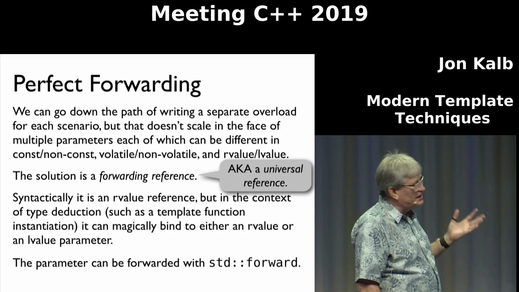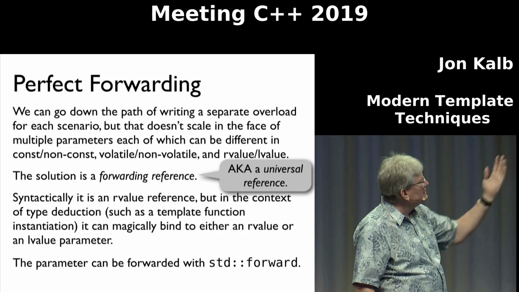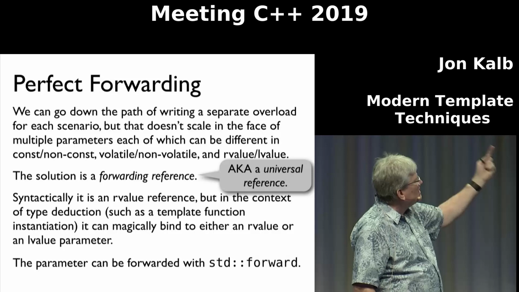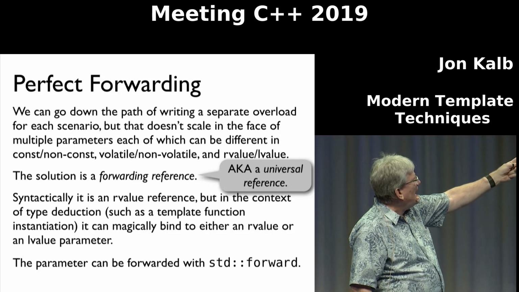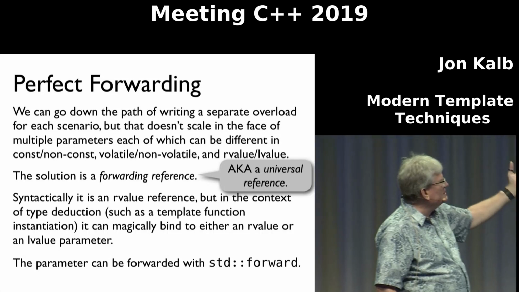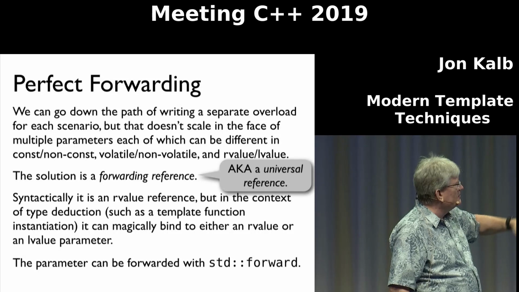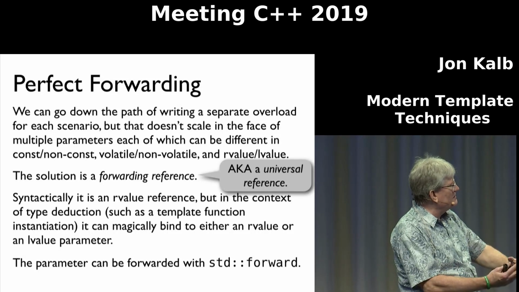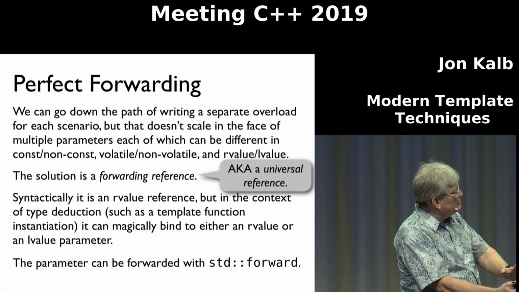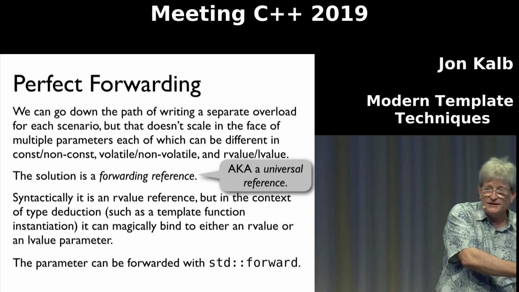And what they are is something that syntactically looks like an R-value reference, but it is in the context of type deduction. And that type deduction context allows us to bind either to an R value or to an L value. So it always is an R value reference, but sometimes it is binding to an L value reference.